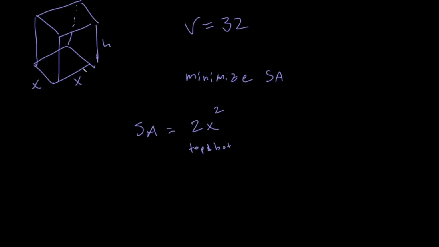The 4 sides are all the same. They're xh, xh, xh, and xh. So we get plus 4xh. These are the 4 sides. Is this good so far, Avery?